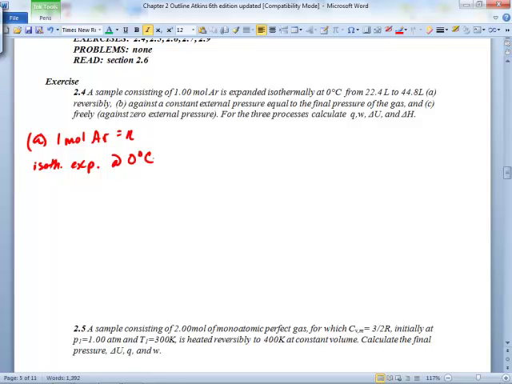Right. From 22.4 liters, so maybe call it V1 to 44.8 liters. Now we're supposed to go reversibly first. This is reversible.